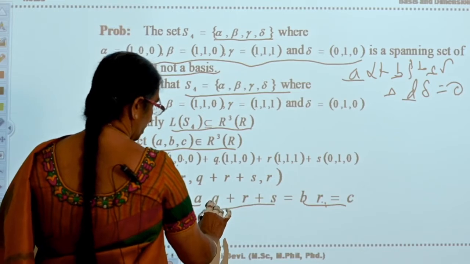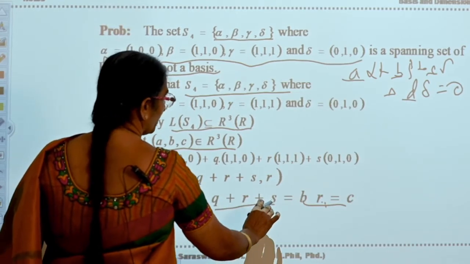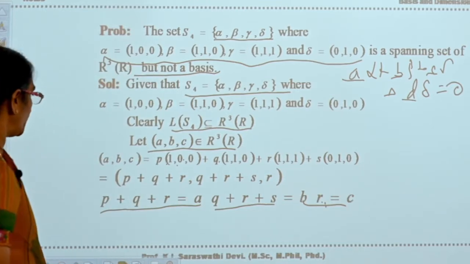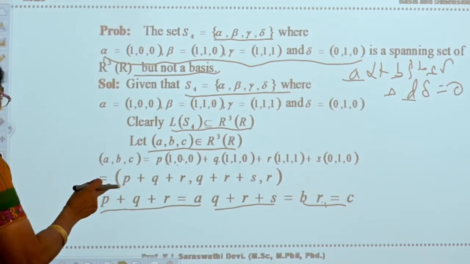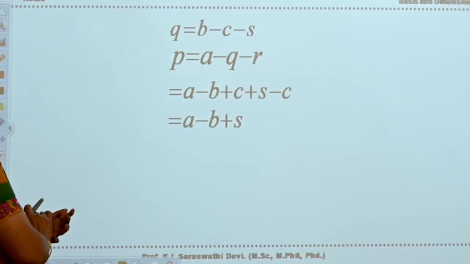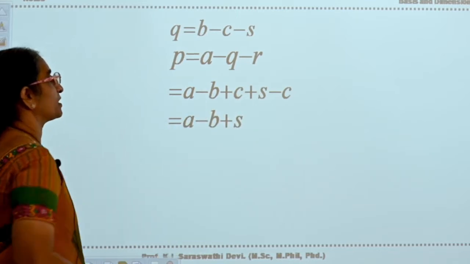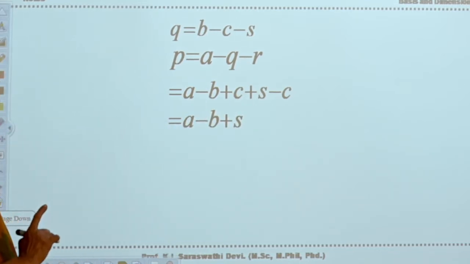Then q = b − c − s, and p = a − q − r, which gives p = a − b + s.